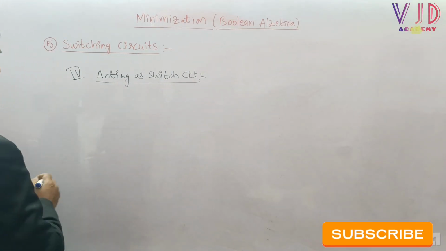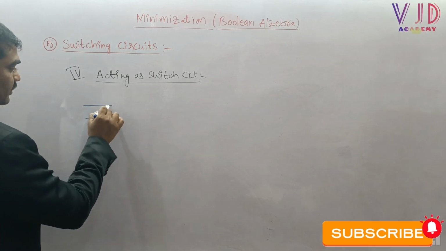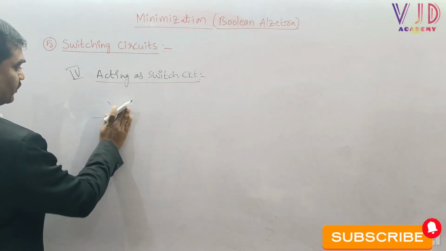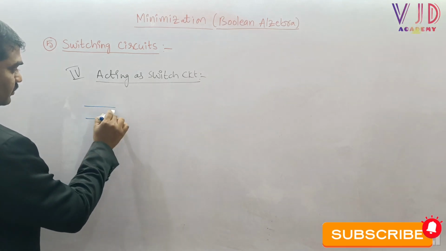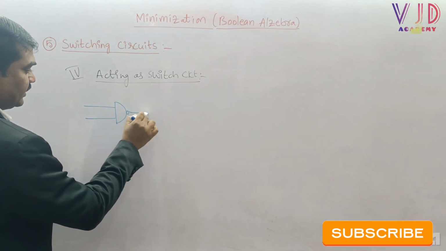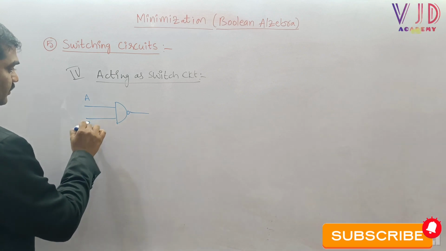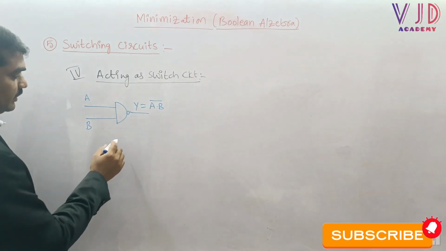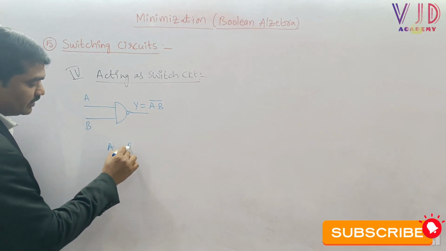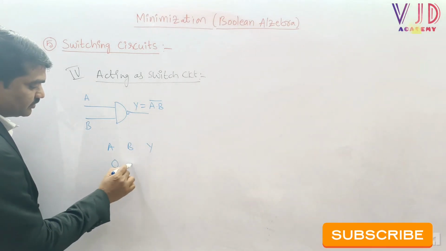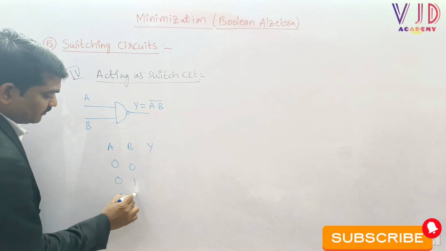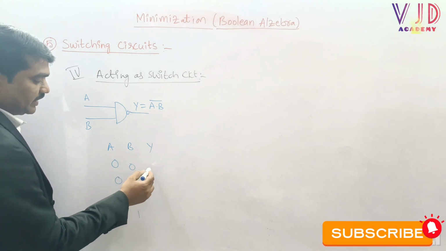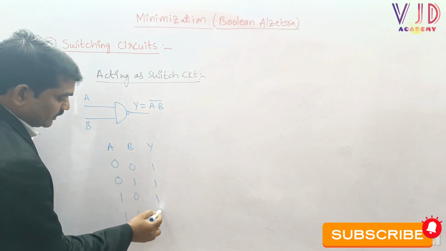Sir, here we know this is a NAND gate. We know that y equal to (a into b) whole bar, and the truth table for a b y is 0 0, 0 1, 1 0, 1 1 cases. For these particular inputs we are getting output 1 1 1 0.